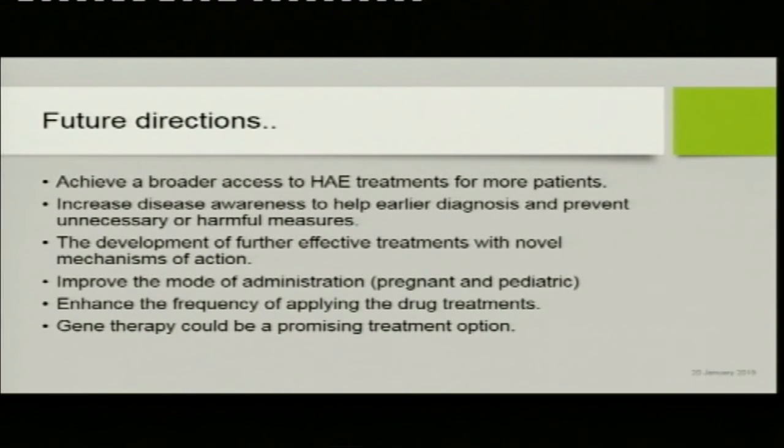You save them from intubation, from trach, from many things. And we have to develop more treatments like the one I showed you, which is oral. And basically gene therapy, they just started in animal models now, but I think we have to move with this, especially since we have a single genetic defect.